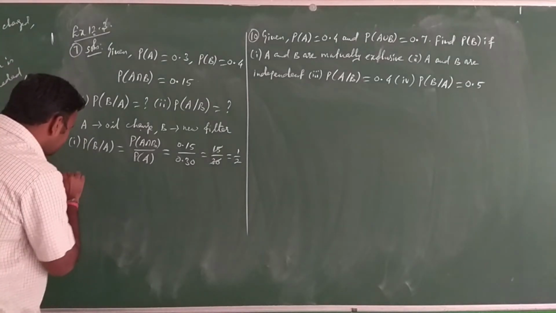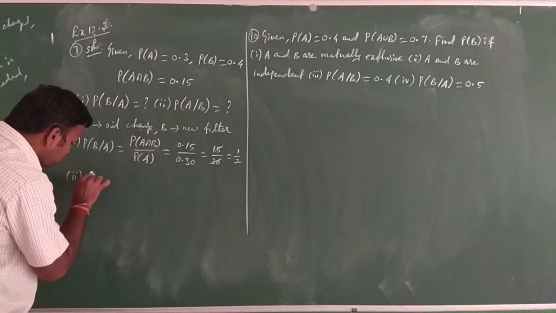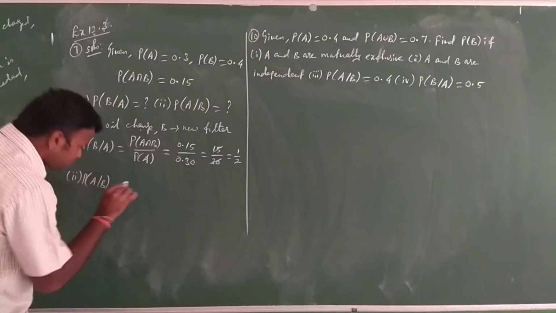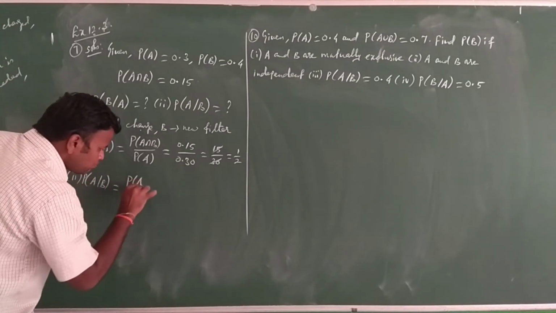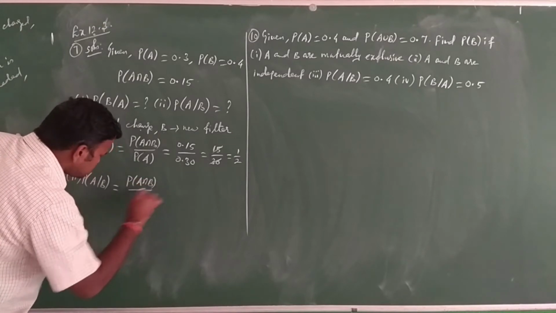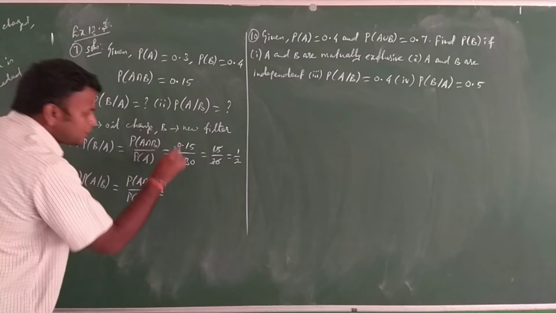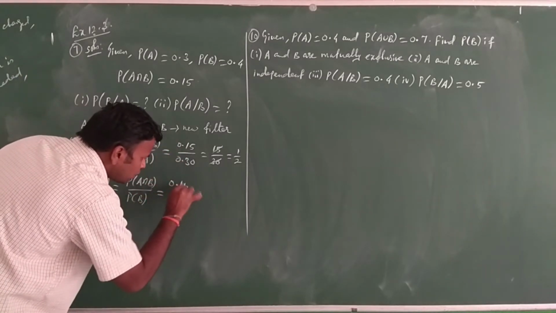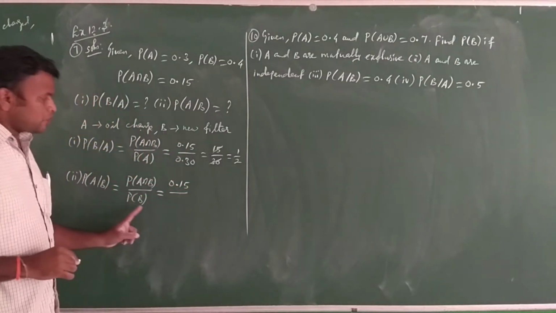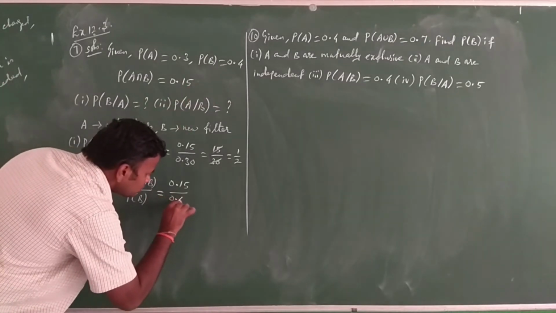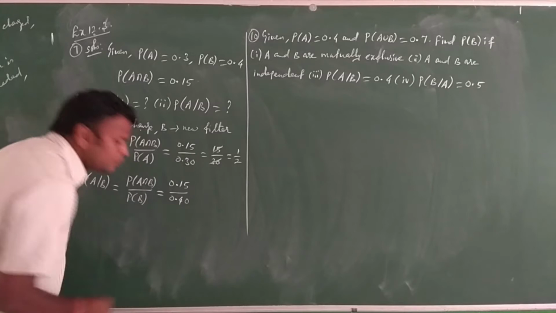And the second one, P of A given B. The formula is P of A intersection B by P of B. Same, the value P of A intersection B is 0.15 by P of B. The value P of B is 0.4, which is nothing but 0.40.